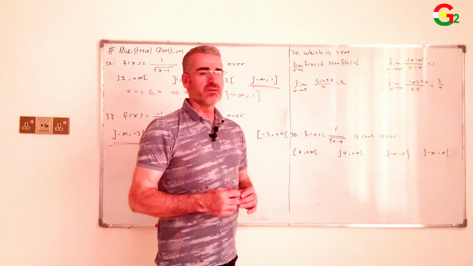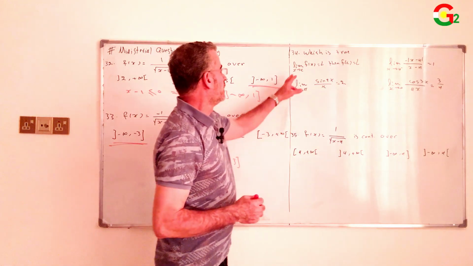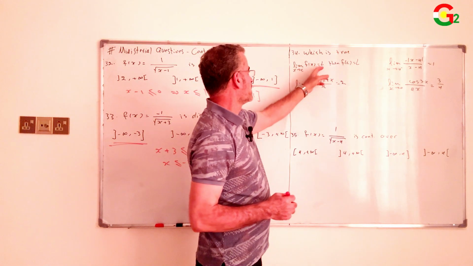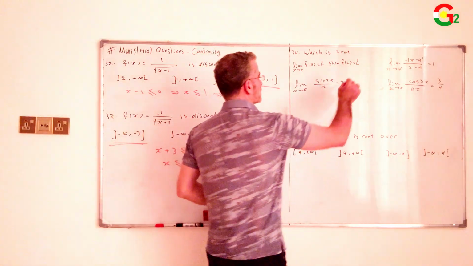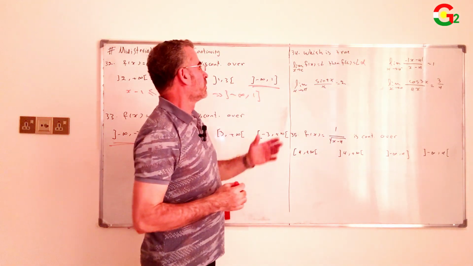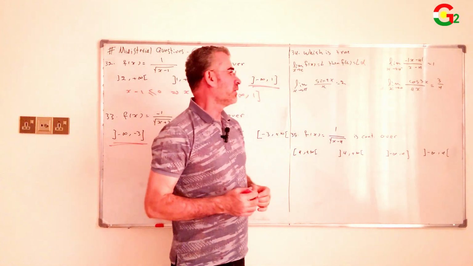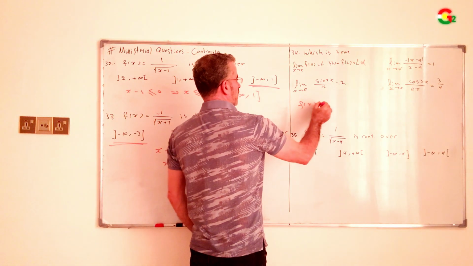Question number 34. Which of the following is true? Limit of f of x as x approaches c is L, then f of c equals L. It is not necessary. This choice is wrong because maybe the limit is not equal to the value of the function, as in a piecewise function.